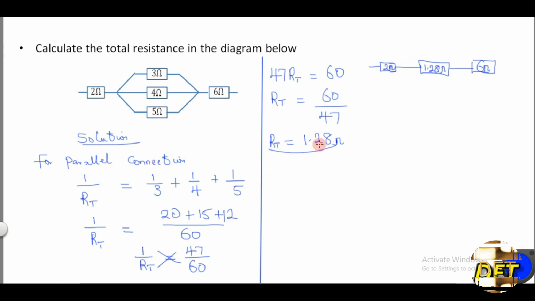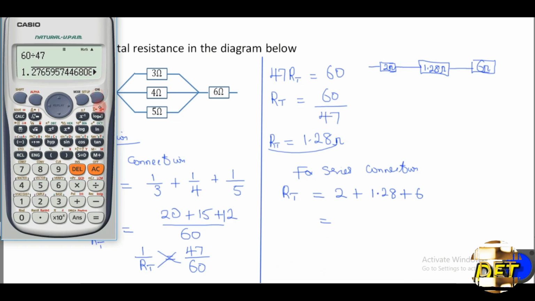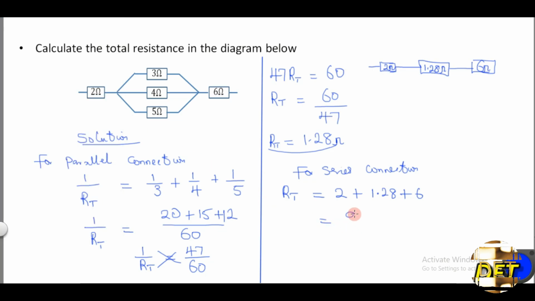So for the parallel connection, we've gotten this. Then for the series connection, my ROT, which is the total resistance, will be equal to 2 plus 1.28 plus 6. 2 plus 1.28 plus 6, and that will be equal to 9.28 ohms, right?